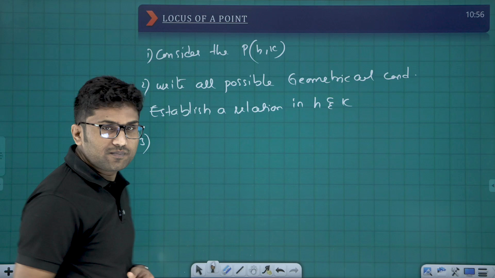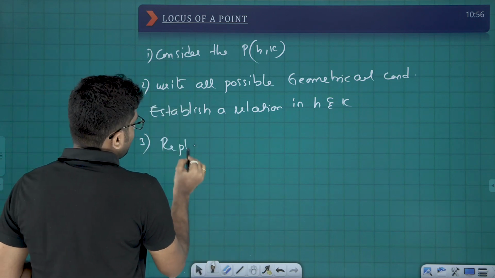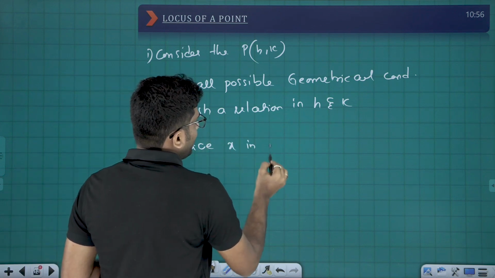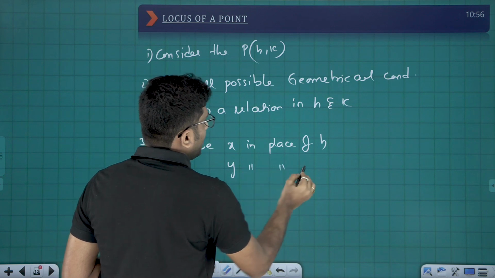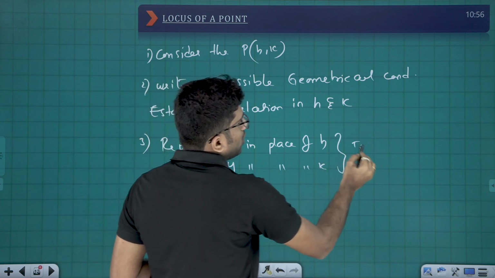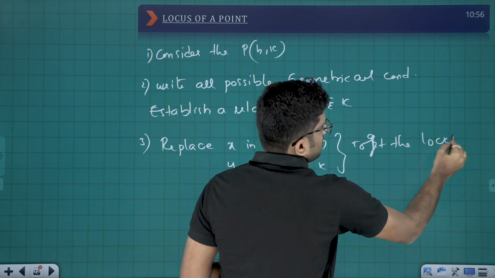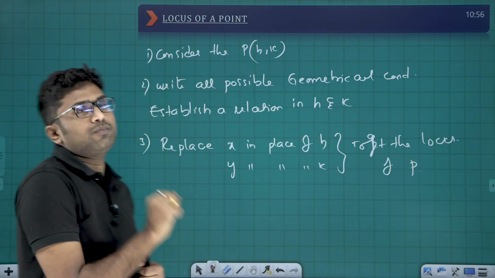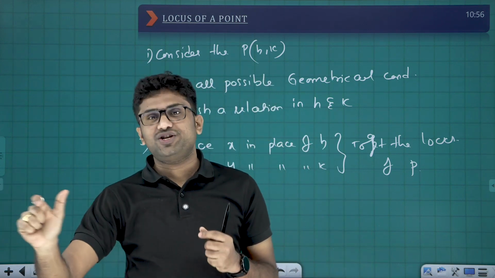Now in the final, after simplifying it, replace X in place of H and Y in place of K to get the final locus of point P. So this is how we find the locus of a point. Locus means the path traced by a point subject to the given conditions.